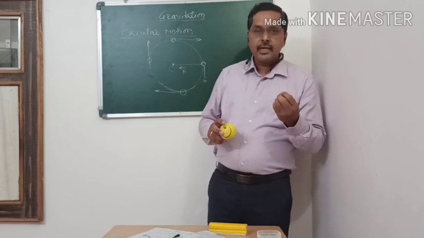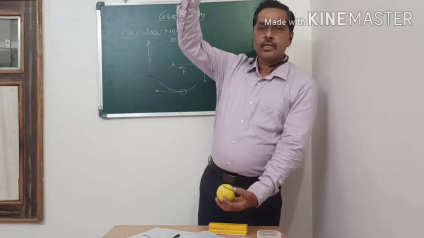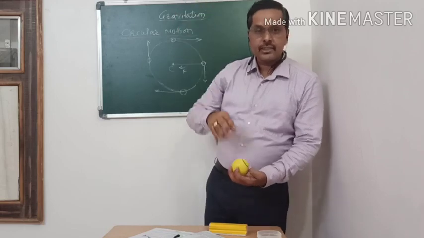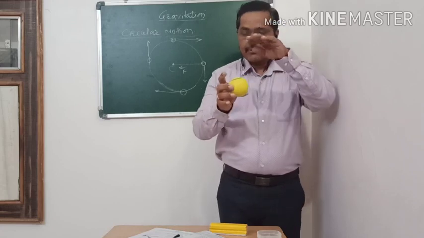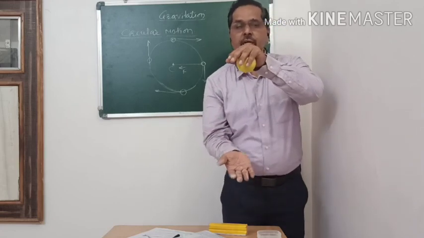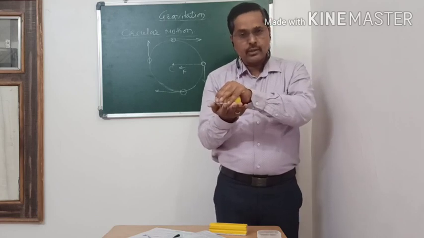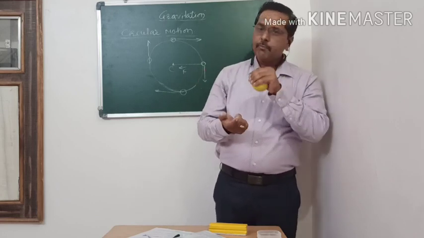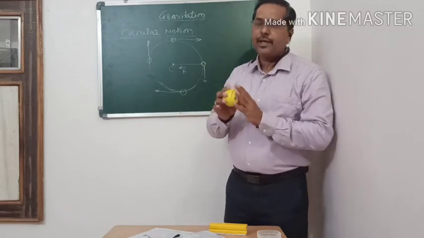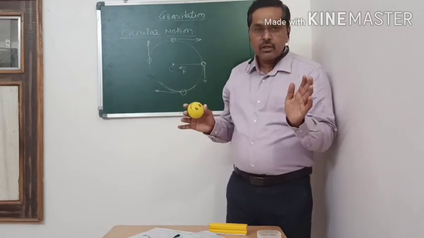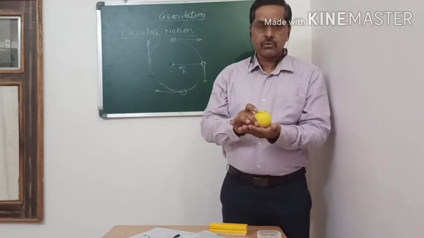A small thing we sometimes misunderstand. If I leave this ball, it falls on earth, and we say it is due to gravitation. Definitely it is due to gravitation, but at the same time the ball also pulls the earth towards it with the same force. The reason is only that the mass of the earth is very huge, and therefore the earth doesn't come up, but the ball falls down.